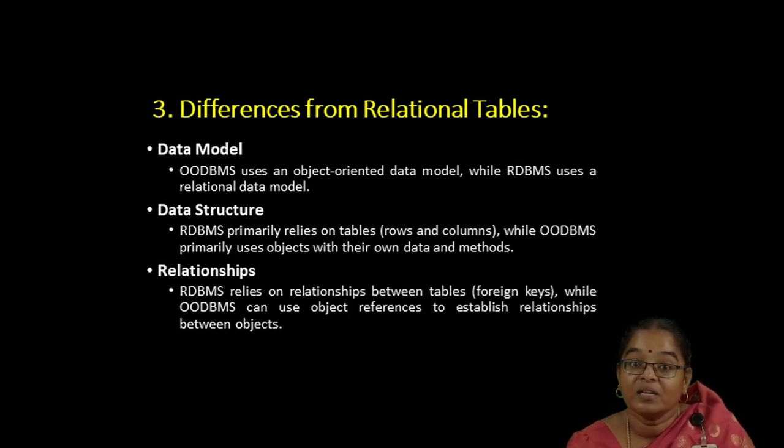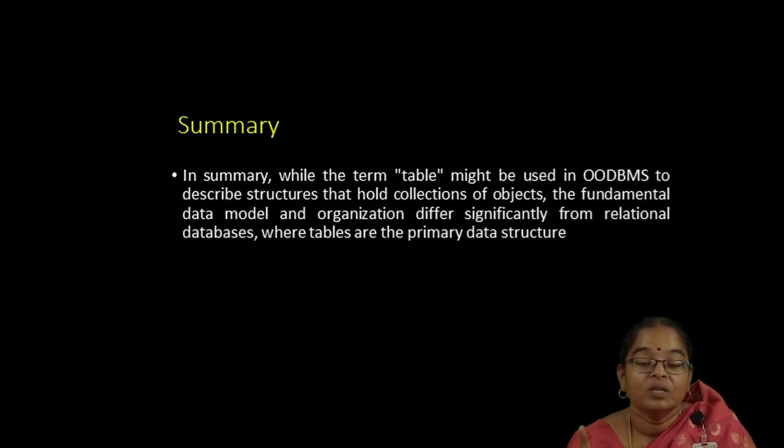There is a combination of rows and columns in RDBMS, but OODBMS uses a structured approach only. Relationship: in RDBMS, foreign keys and primary keys are useful for joining 2 tables, but here reference links are used for joining tables.